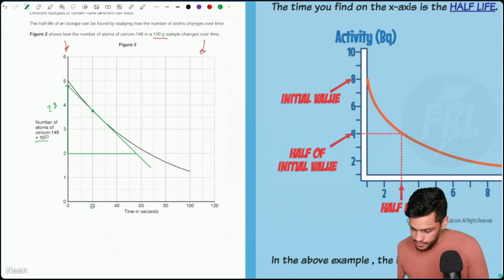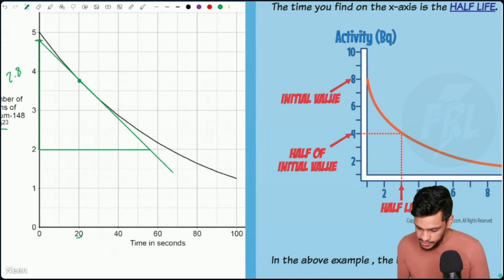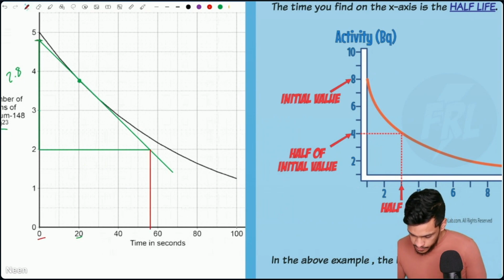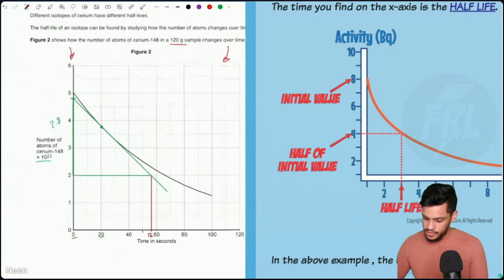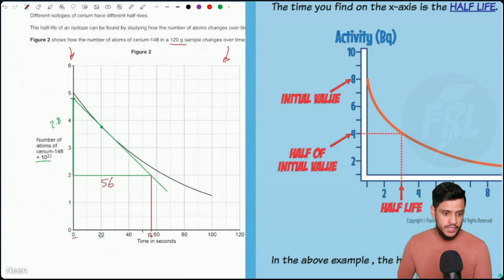And then we want to find the time. That's basically the width of this triangle. So that's from this reading here. Let me use a different color for that. So we want to take this reading. That's going from 0 to, I'd say, around 50, 52, 54, 56. So I'd say this is 56. So 2.8, remember this is times 10 to the 23, divided by 56.